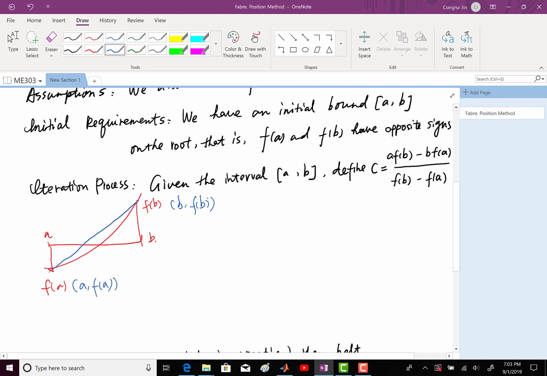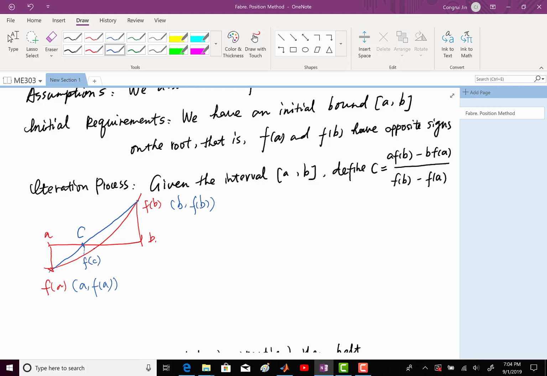This straight line will have an intersection point with the x-axis, and this point is c. Then we can examine the value of f(c) to see if f(a) and f(c) have opposite signs. In this case, f(a) and f(c) are both negative, and f(c) and f(b) have opposite signs.